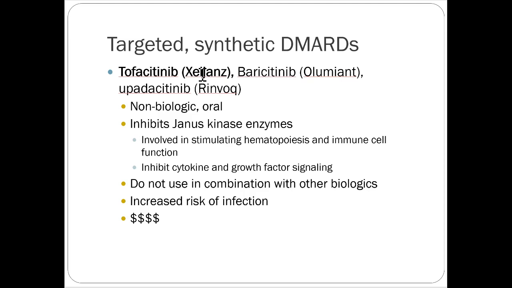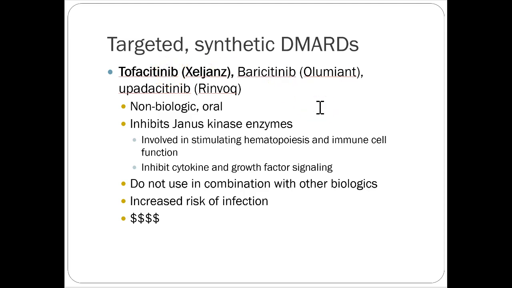And the big difference between these and something like a tumor necrosis alpha agent is that they are oral. So these are small molecule drugs. They're non-biologic. They are disease modifying, and there's a couple on the market right now. Xeljanz was the first one to come out, and there's a few others that are indicated for RA. I don't care that you know all their names, but if you can recognize the NIB, you'll be okay, I think.